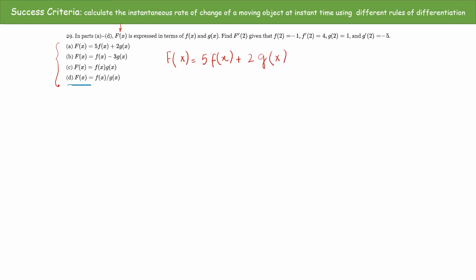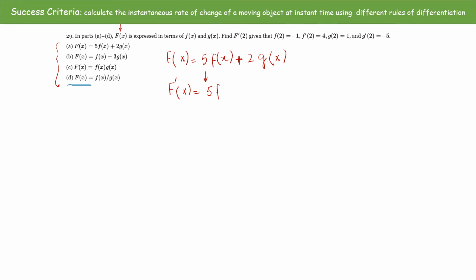We know that whenever two functions are separated by a plus or negative sign, we can use the sum or difference rules of differentiation. So how to take the derivatives? If I write F prime of x equals to, here I will use the constant multiple rule, which says write the constant as it is and take the derivative of the function.